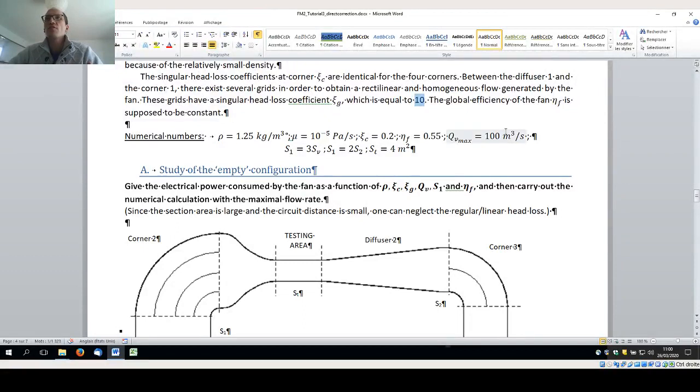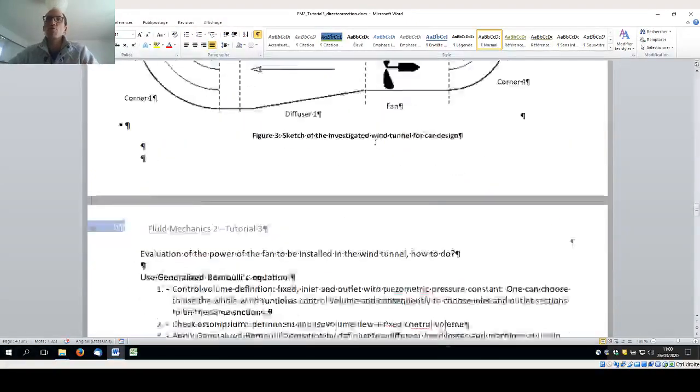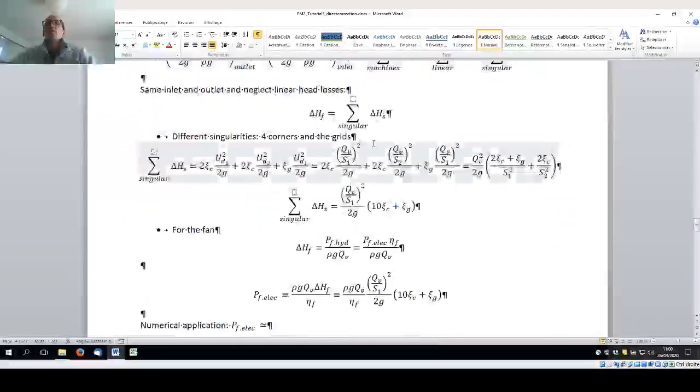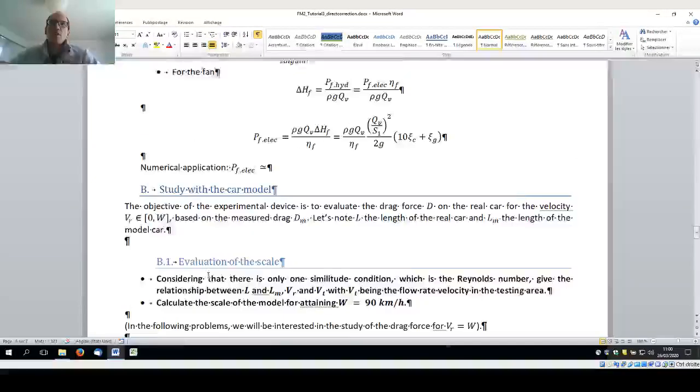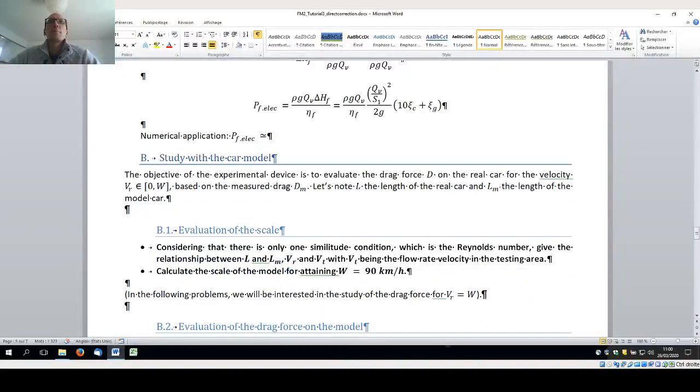Here it's 10. You see it's far more than the one induced by corners, so that's inducing a lot of head loss. So that's important to take them into account. I hope it's answering your question.